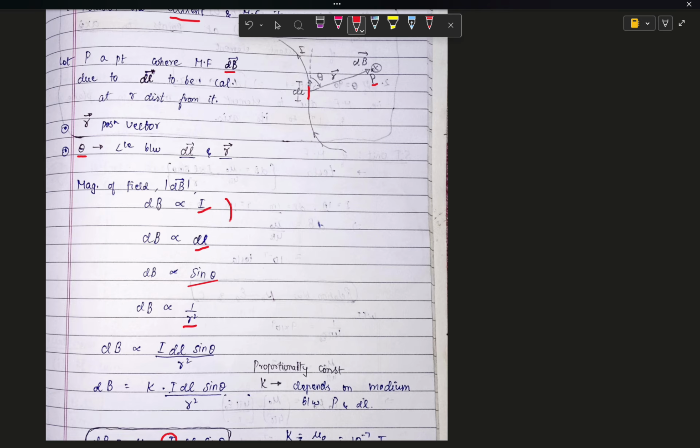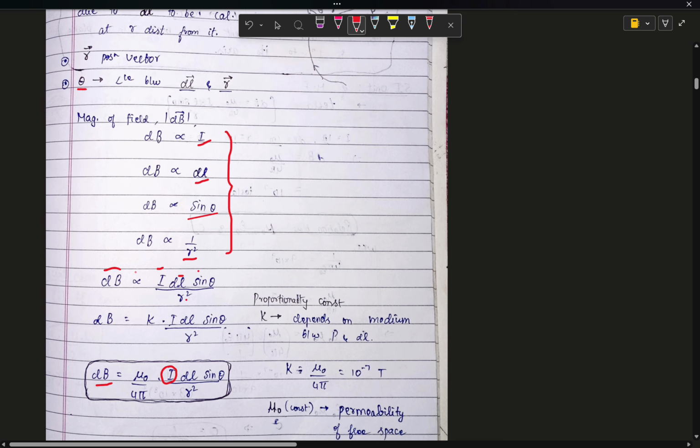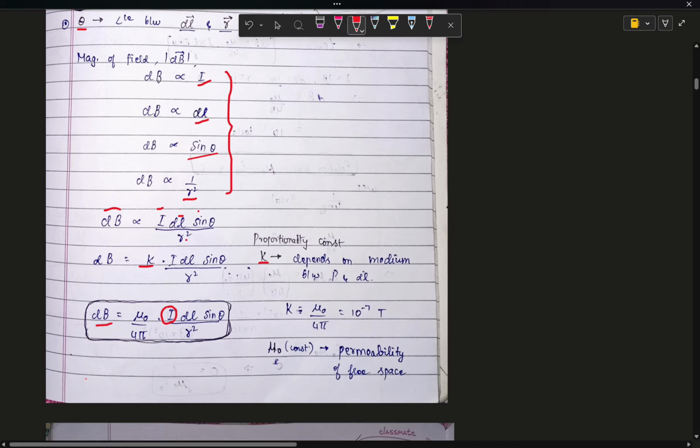Combining all these, you can have a formula: the magnetic field is directly proportional to all these entities. To remove the proportionality, we introduce a proportionality constant k. So dB is equal to k I dl sine theta divided by r squared. This is the formula.